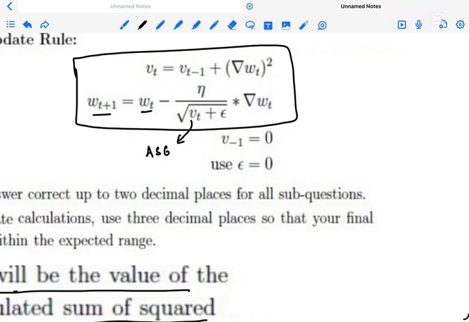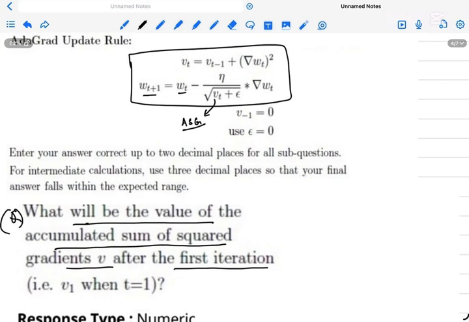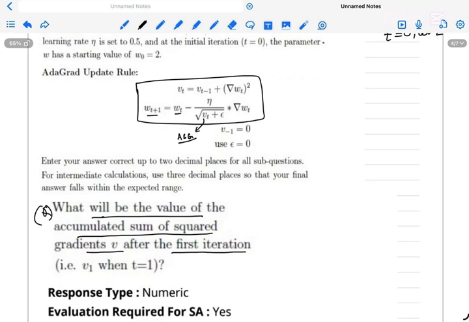So they are asking to find the value of V1. So using this equation, V1, that is at t equals 1.